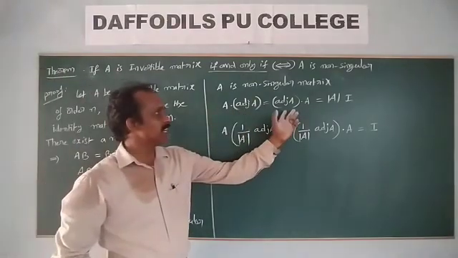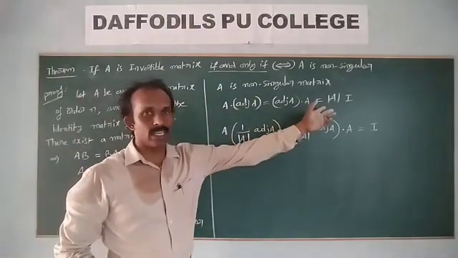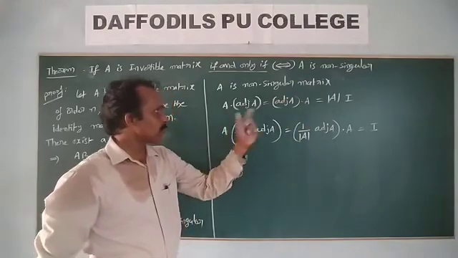A into adjoint A is equal to adjoint A into A is equal to det A into I, from the theorem proved.